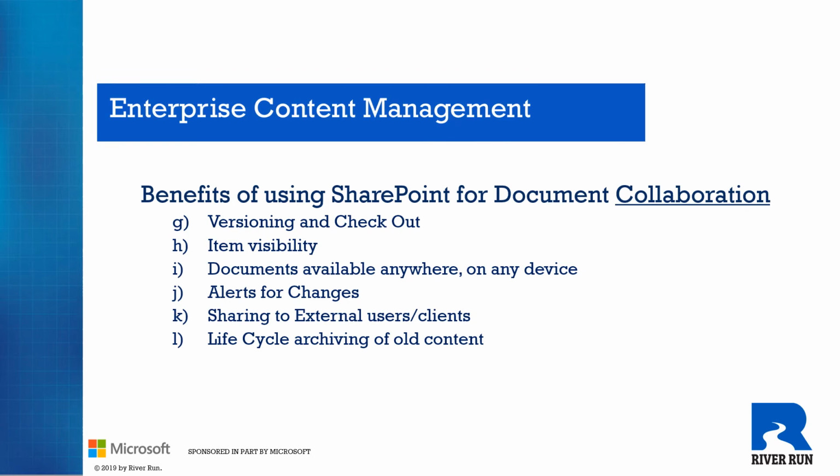Versioning, we talked about, checkout capability. One thing about versioning, which is very interesting, is you can set up to save maybe up to 100 or so different versions of major and minor changes. These versions are stacked beneath the active version, hidden away from view, but you're able to go into any document and look at the other versions of it, even calling up an old one and making it the active view.